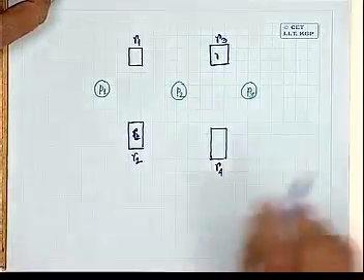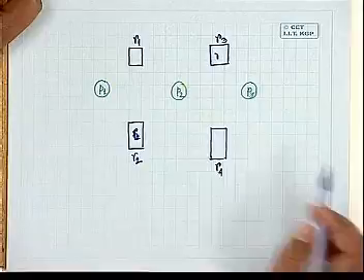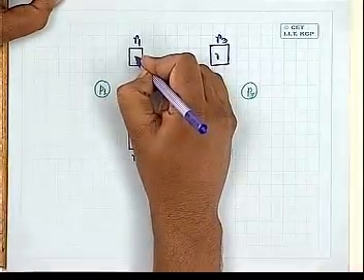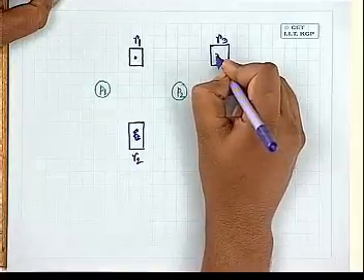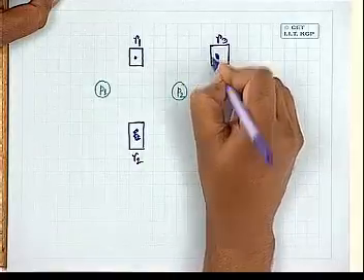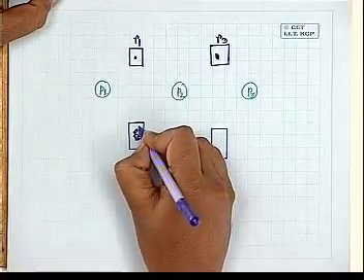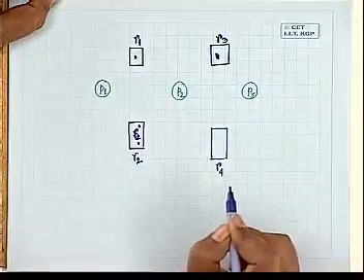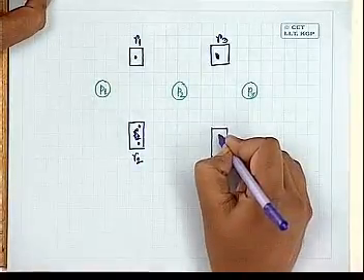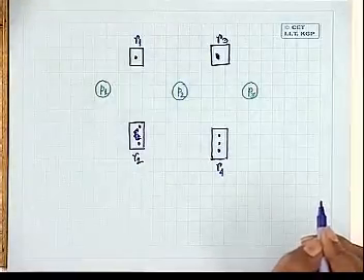Let us put it this way. And we assume that resource type R1 has a single instance of that resource. Resource type R3 also has a single instance. Resource type R2 may have say 2 instances, so I put it as 2 dots, and resource type R4 has 3 instances of the resource.